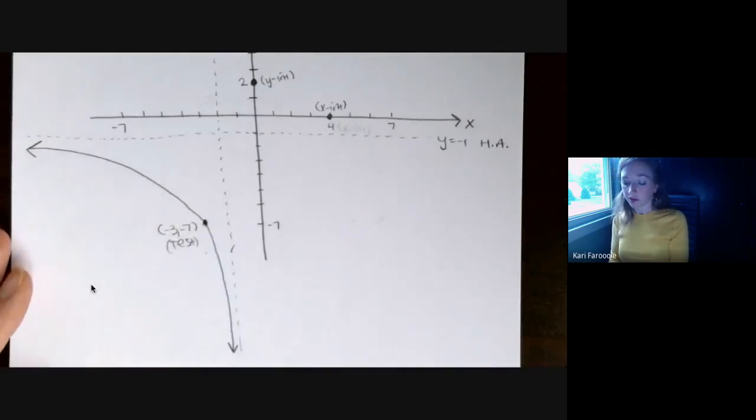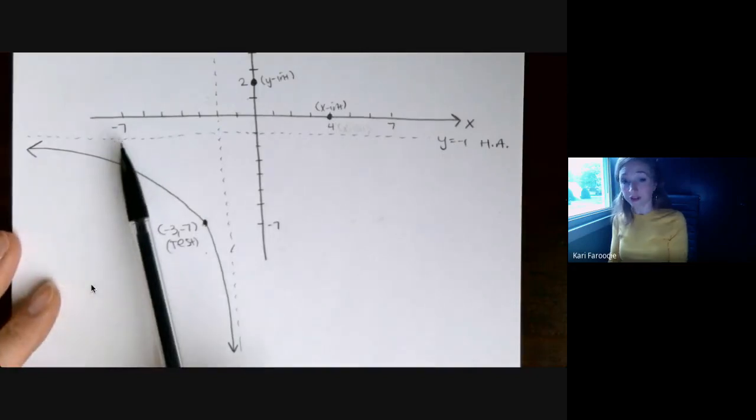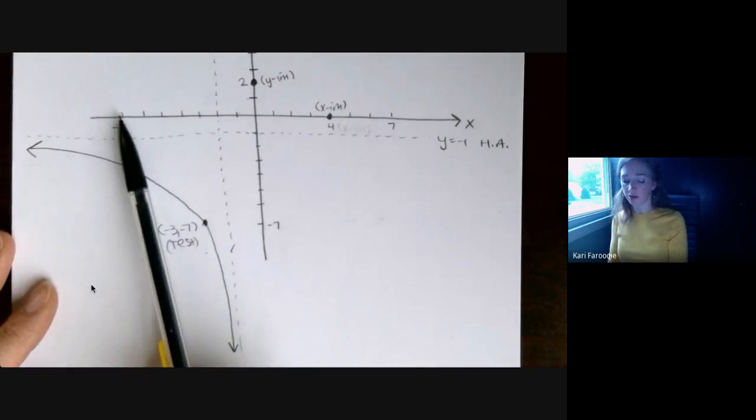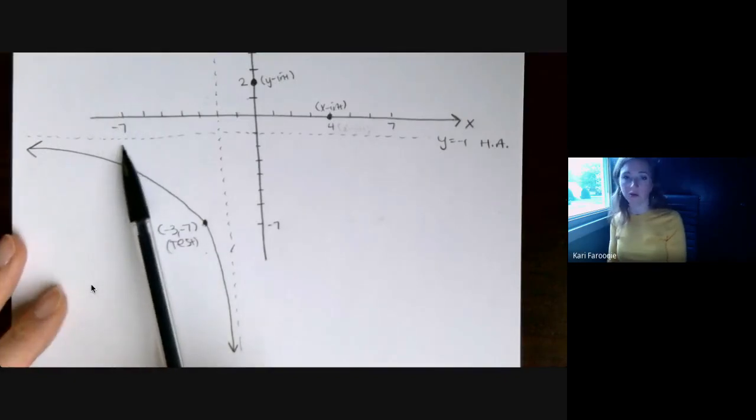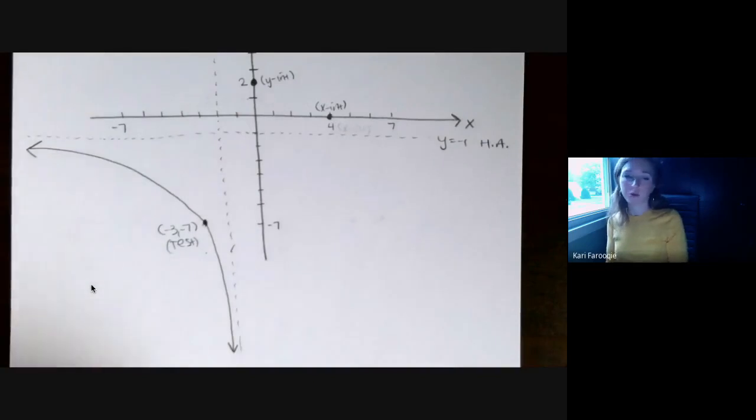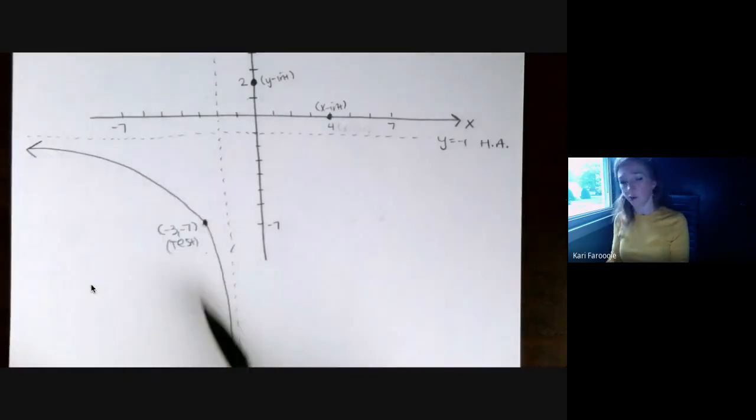You could always, if you needed to, plot additional points. Like for instance, if you wanted to know how close to get to the asymptote, you might want to say, well, let's let x equal -7 and see where the y value is. But I'm not super hung up on that. If I wanted you to just graph functions by plotting points, then we wouldn't be using calculus right now. I want a general gist of what's happening with this graph.